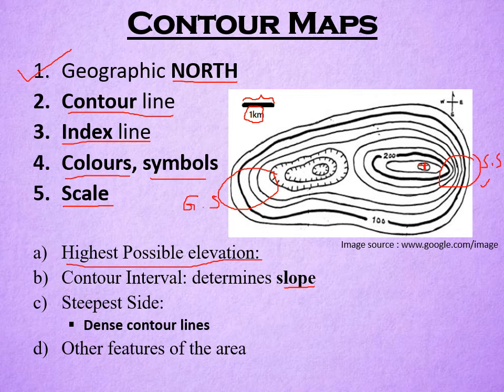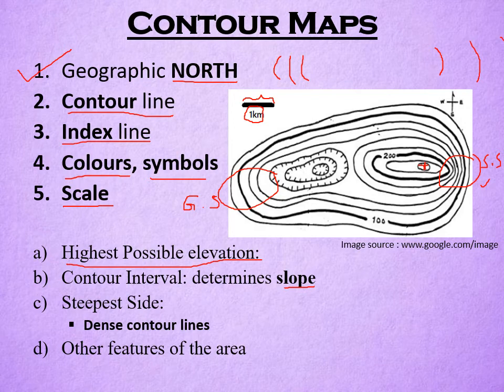Mind it, this is for this particular contour map. Say for example, in another map, on one side you can get contour lines like this, whereas on the other side the contour interval is like this.